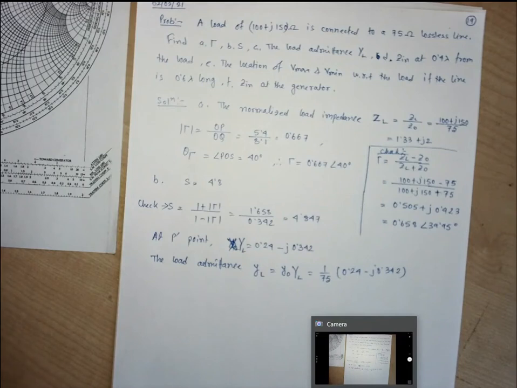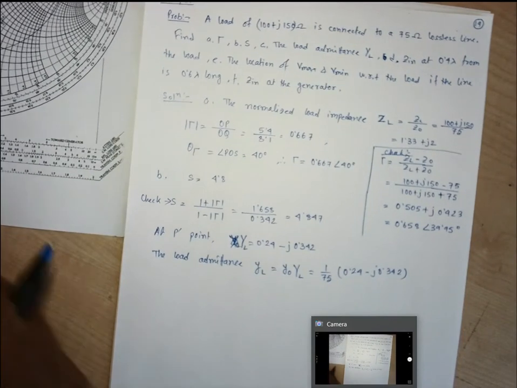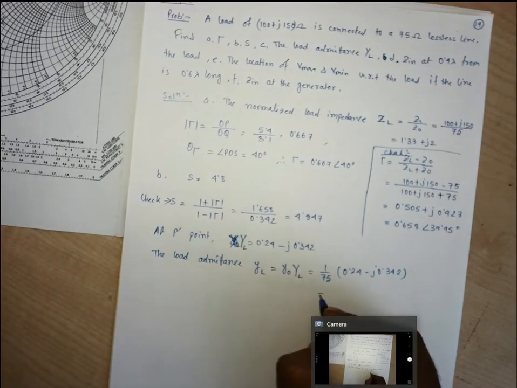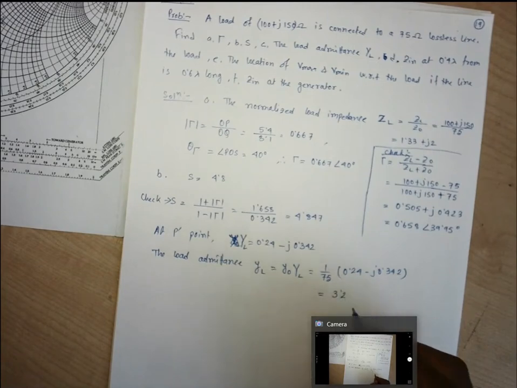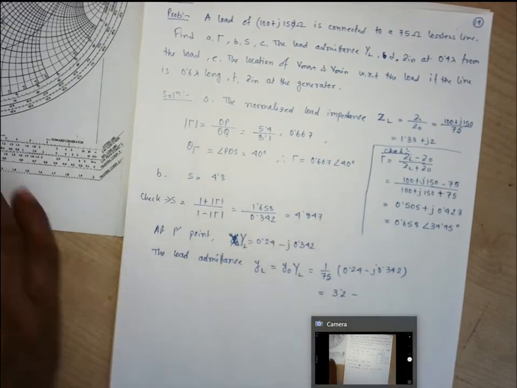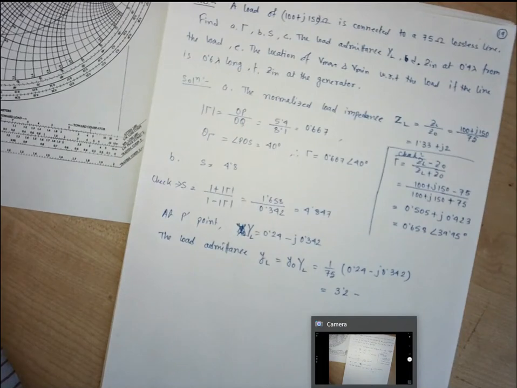0.24 divided by 75 comes out as 3.2 milli, minus j 0.342 divided by 75, which comes out as 4.56.